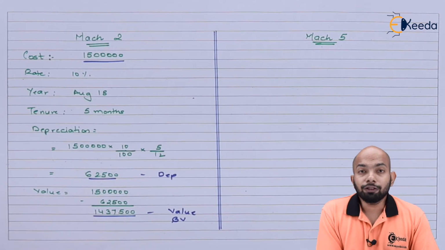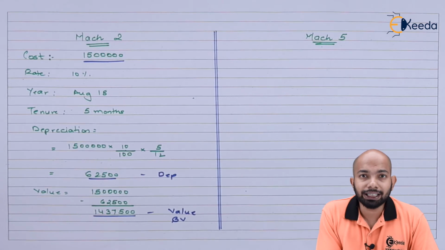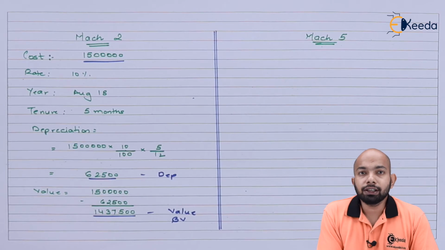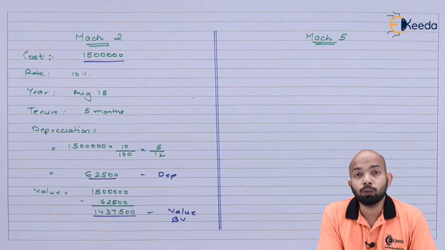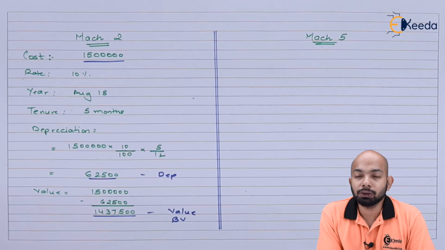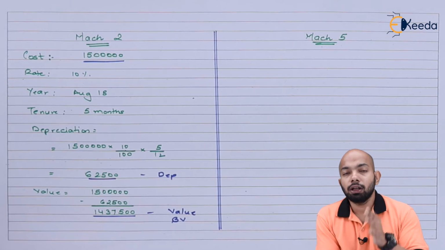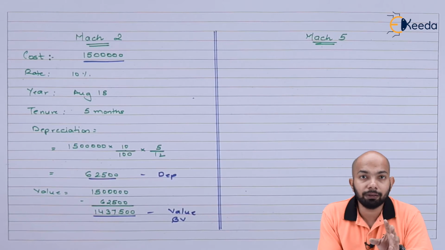So we've done the working for machine 2 as well. The original cost of this specific asset was around 15 lakh rupees. The rate of depreciation on this was 10% WDV method, and the tenure was 5 months because this machine was purchased in August 2018. So from August to December, because the financial year is from Jan to December, you have 5 months of tenure.